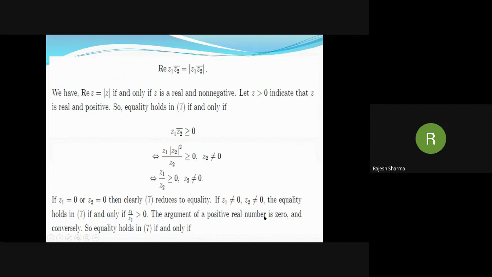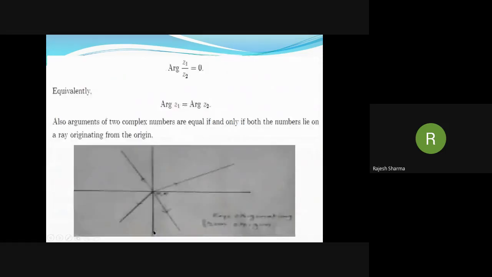Also, the argument of a positive real number is 0, and conversely. So equality holds in the triangle inequality if and only if the argument of z1 over z2 is equal to 0. Equivalently, the argument of z1 is equal to the argument of z2. And note that we are using only the principal value of the argument of complex numbers.